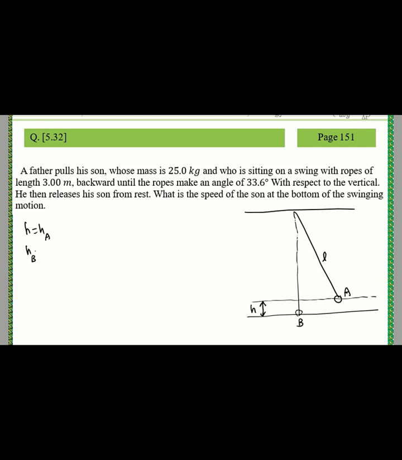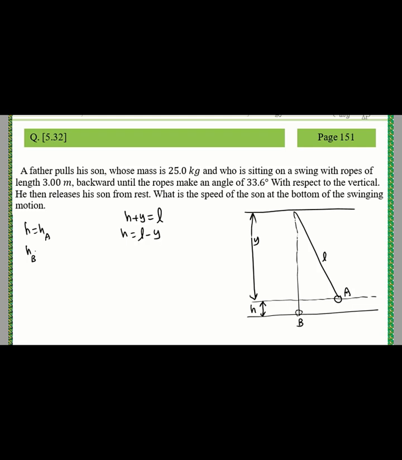Now, this distance, let it be y. Then h plus y equals the whole length of the pendulum. I need h, it will be L minus y.